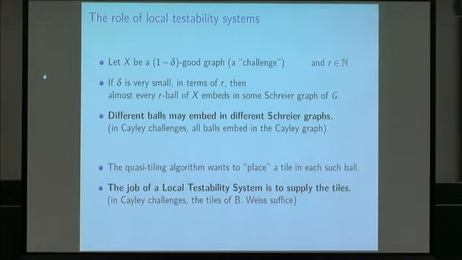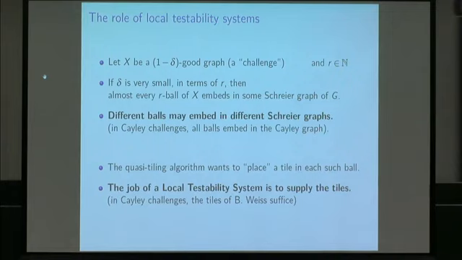Now, similarly to before, almost all balls of radius r: first fix a radius r, then take delta very, very small, and almost every ball embeds in a Schreier graph. In Cayley challenges, I could say that almost all balls embed in the Cayley graph. But here, each ball embeds in a Schreier graph, and different balls may embed in different Schreier graphs. I may have some mix of Schreier graphs.